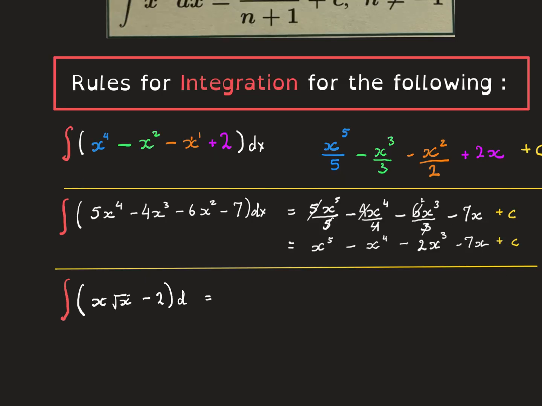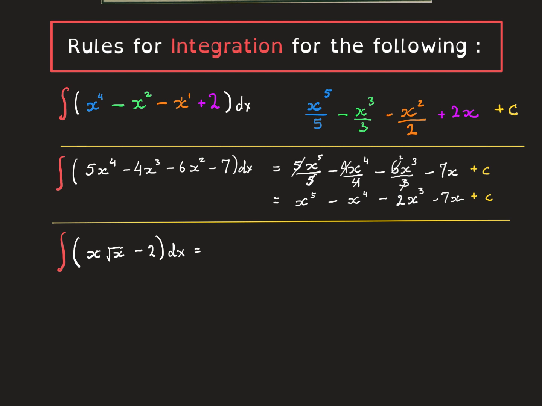And here I think I might have chosen a more challenging one, but it's not really that hard. Before I integrate it, I'm just going to rearrange this one, because you notice that I've got x and x to the a half. So you might want to see this in another way.